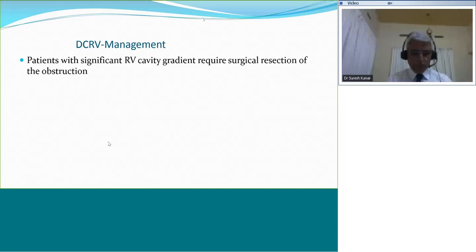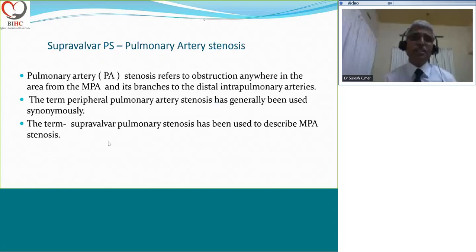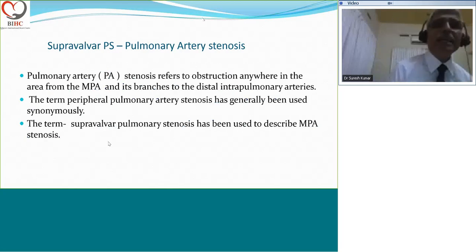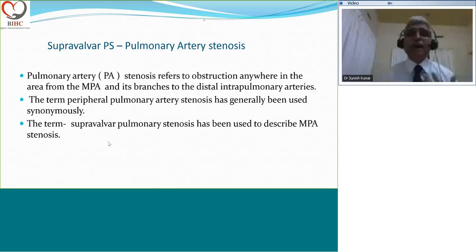Now moving to the other important area of obstruction, namely supravalvular pulmonary stenosis. Pulmonary arterial stenosis or supravalvular stenosis refers to obstruction in the main pulmonary artery, its branches, or further distally. The term peripheral pulmonary artery stenosis is used synonymously with this.